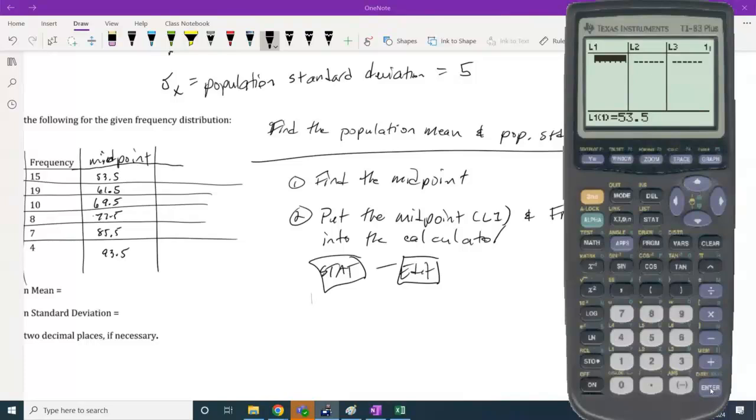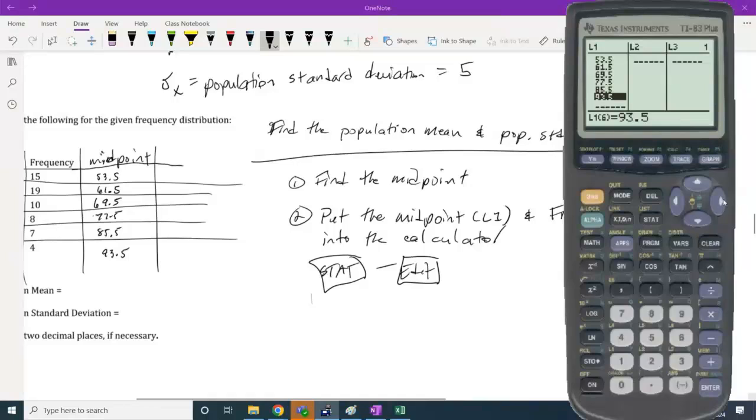So that's 53.5, 61.5, 69.5, 77.5, 85.5, and 93.5.